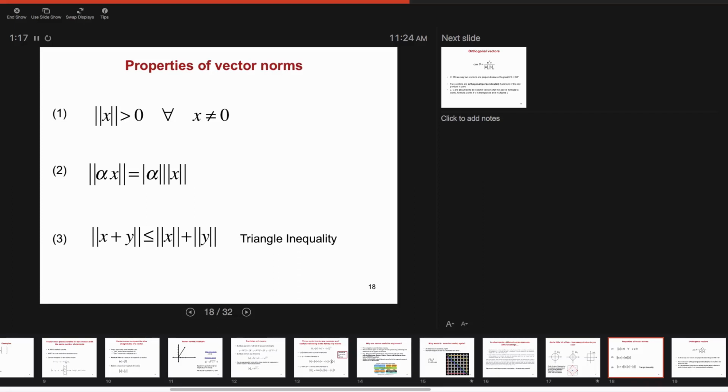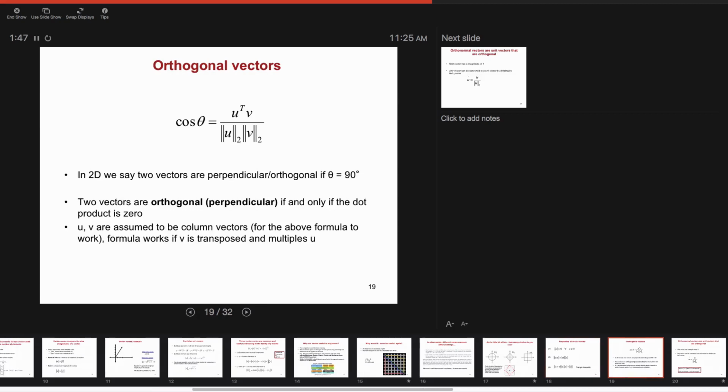If I multiply my vector x by a scalar, the norm of that new vector should simply be the absolute value of that scalar times the norm. You can plug that in and prove it to yourself for norm 2, for instance. And then there's also the triangle inequality, which says that if I add two vectors, the norm of that addition is less than or equal to the sum of the individual norms.